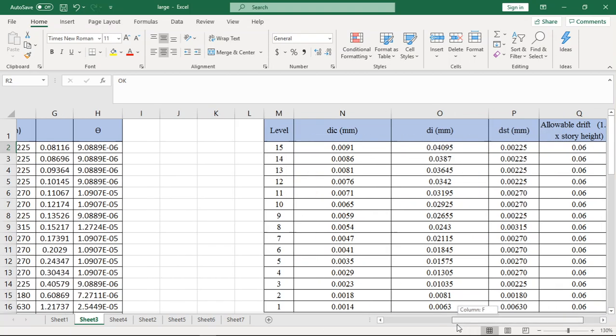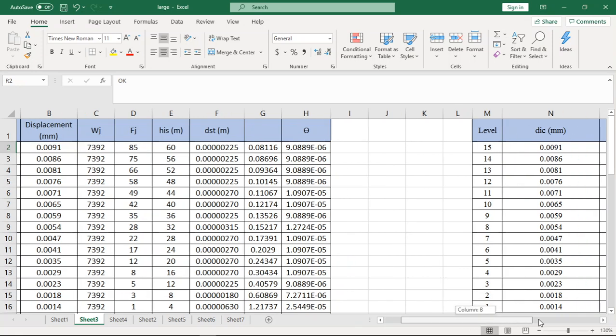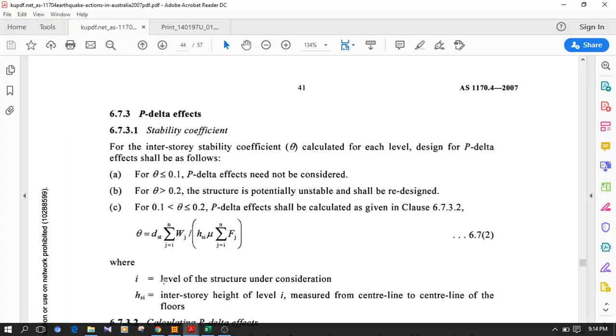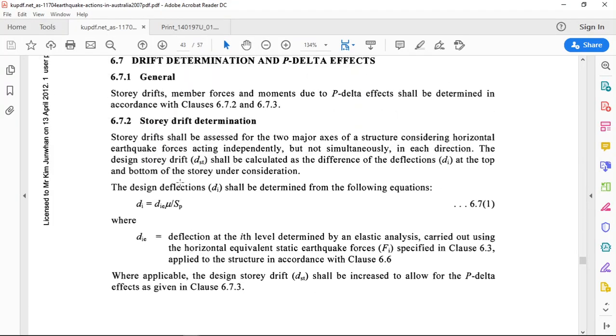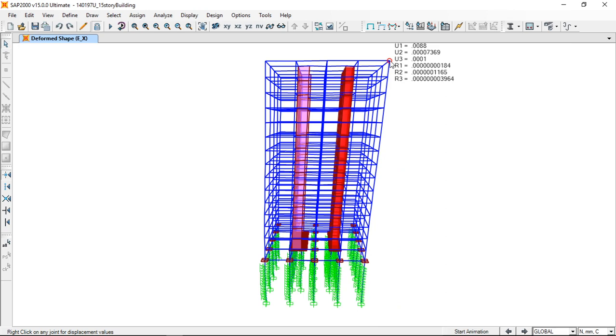Let me show you. This is an Excel sheet that I've developed for calculating the PDelta effects, and this is to calculate the story drift. As per the code, to get the story drift, the design deflection is DIE times mu over SP. DIE is the deflection at the ith level that you obtain from the model, so this is the 15th level, 14th level, 13th level.